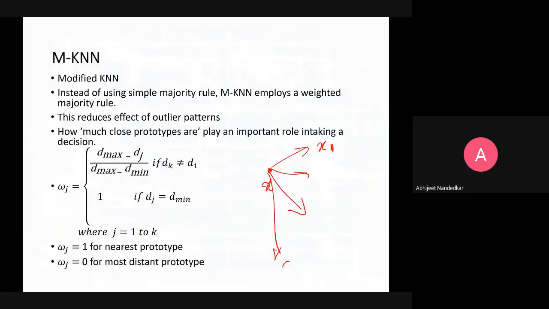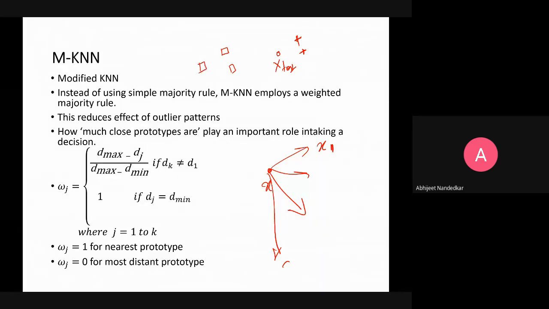Then we have seen a modified version of this KNN, which takes into account not only the neighbors but their distance from X test. So for example, this is my X test, and say by chance I have these 2 samples as my neighbors, and maybe these 2 samples as my neighbors, or maybe 3 samples.